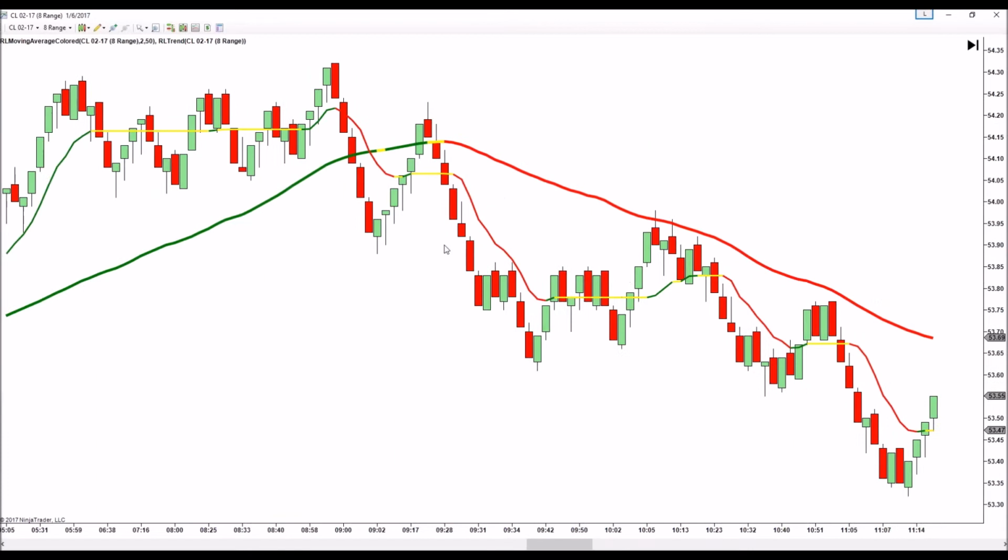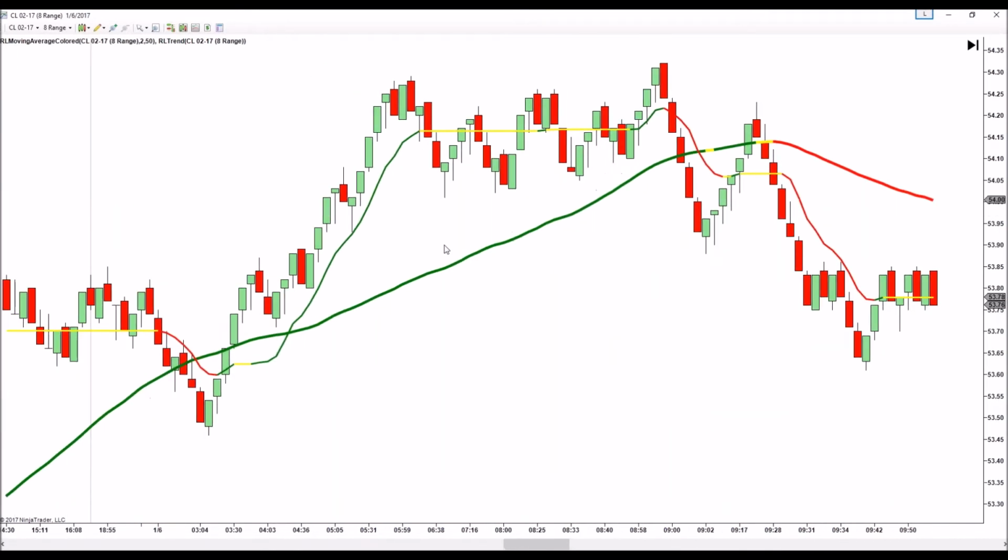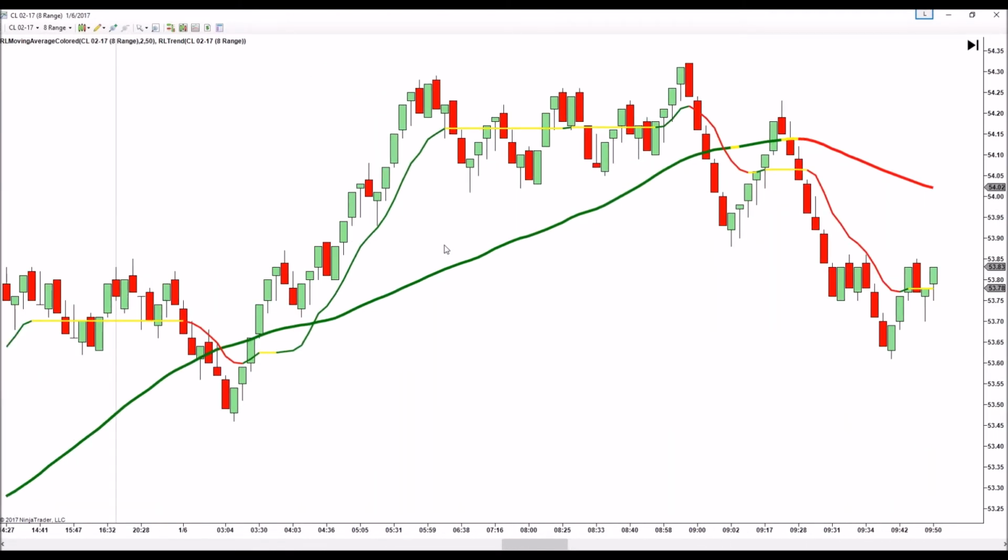Let's look at some long channels. This just forms the channel right here. Trading off the lower.